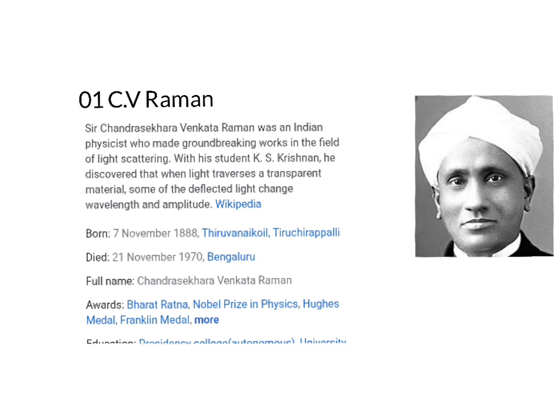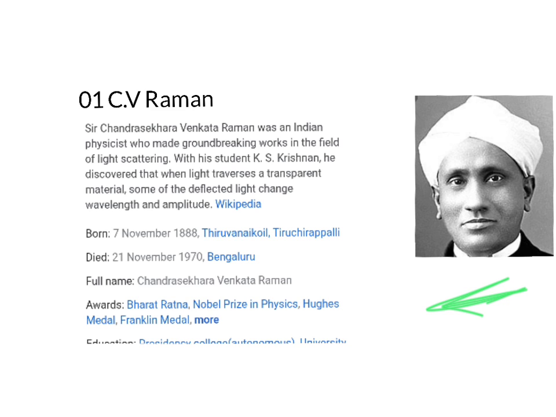And this is the picture of C.V. Raman. Okay, so C.V. Raman, full name Chandrasekhar Venkata Raman, was an Indian physicist who made groundbreaking works in the field of light scattering with his student K.S. Krishnan, and he discovered that when light traverses a transparent material, some of the deflected light changes wavelength and amplitude.